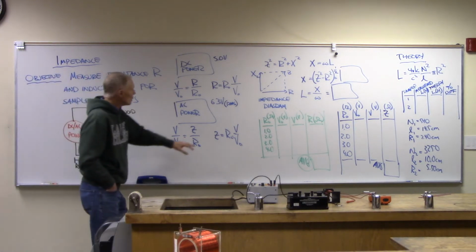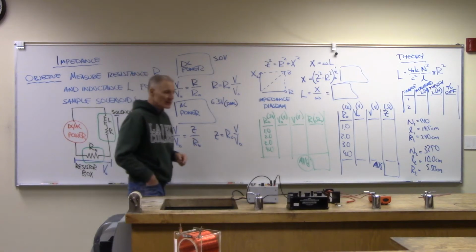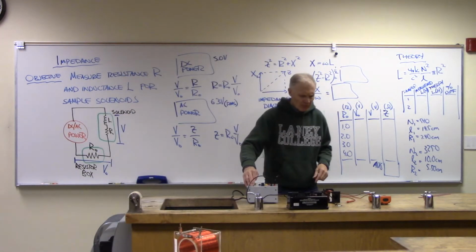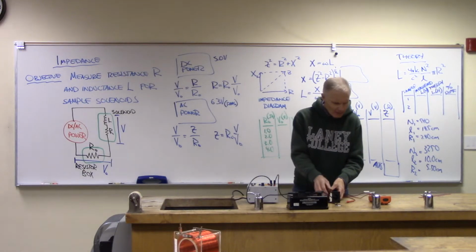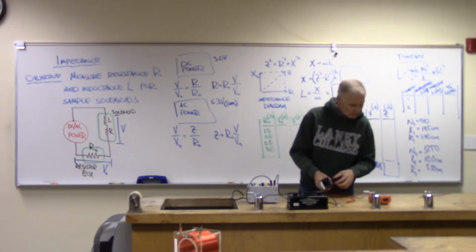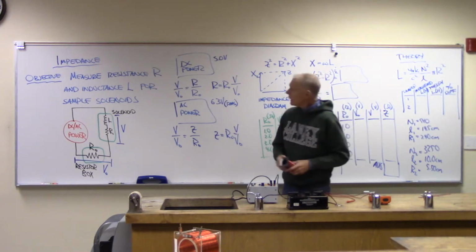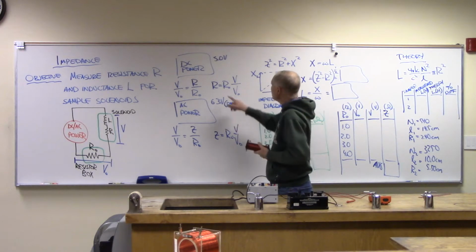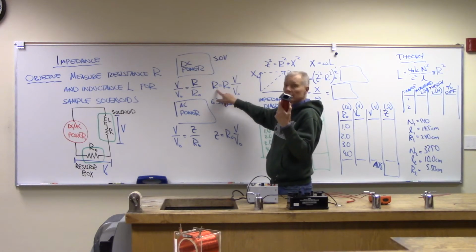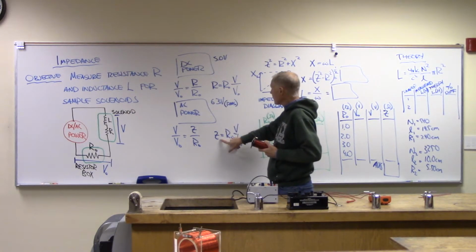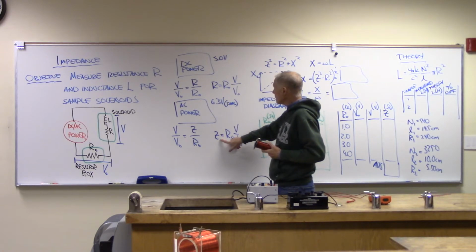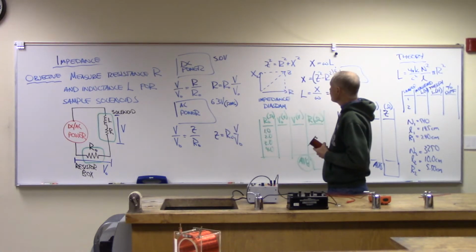And so the formula looks a little different, but what I can do now is come up with a value for the resistance in the solenoid, and a value for the impedance in the solenoid.